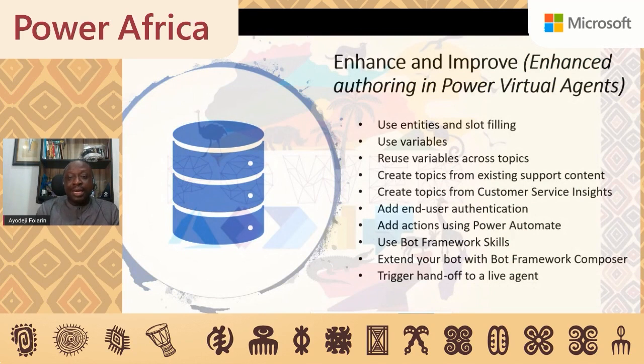Now, I want to talk about enhancing or improving the performance of your Power Virtual Agent. What are we looking at? We want to see how we'll be able to use things like entities, use things like variables, and create lots of topics. This time we can decide to just pick a topic from somewhere without wasting time creating the topics.